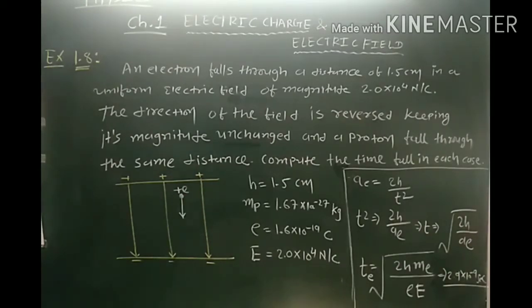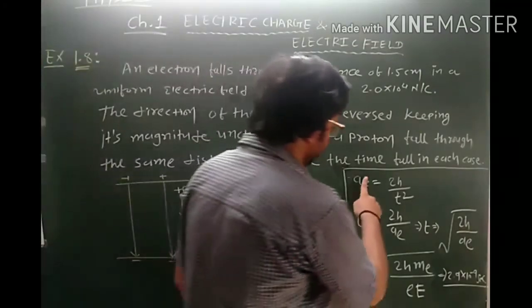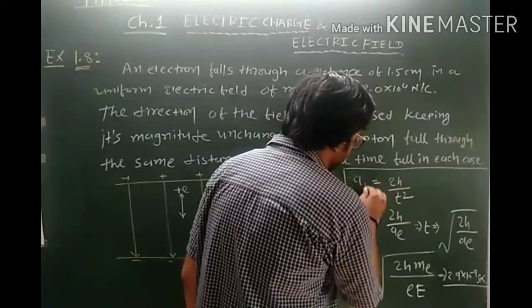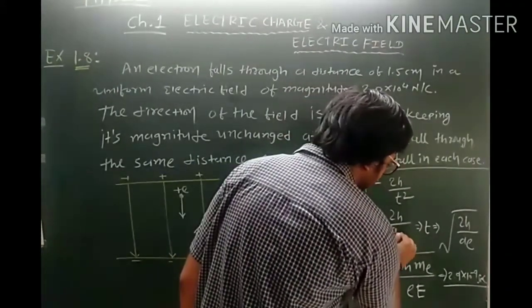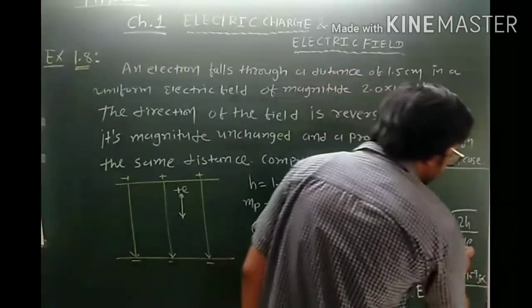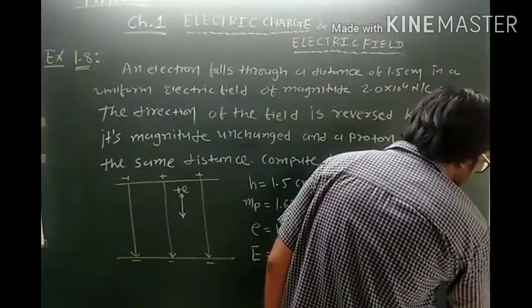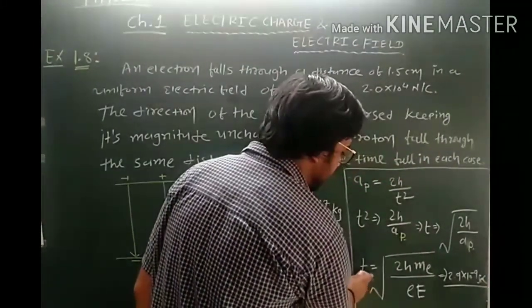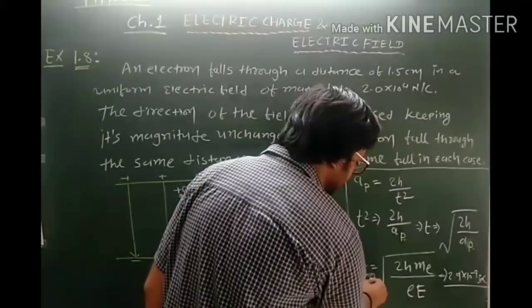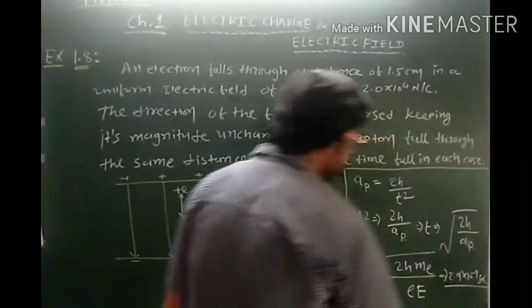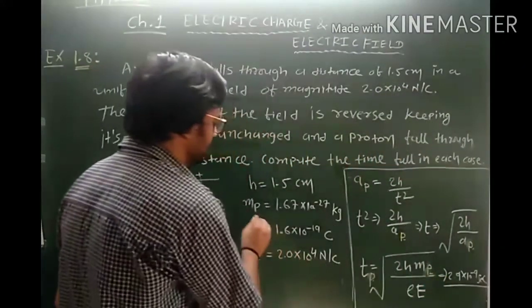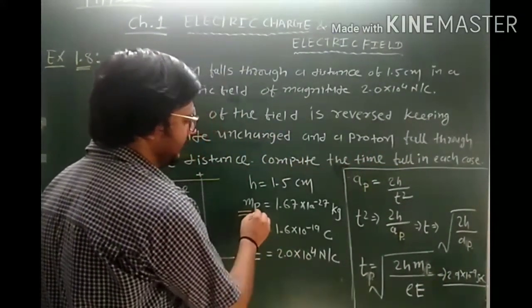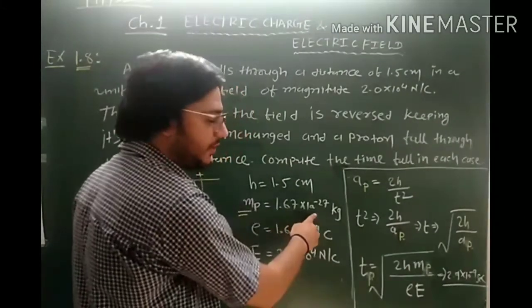The acceleration of the proton is found the same way, and the time of fall of the proton follows. Here the mass of the proton is 1.67 into 10 to the power minus 27 kg.